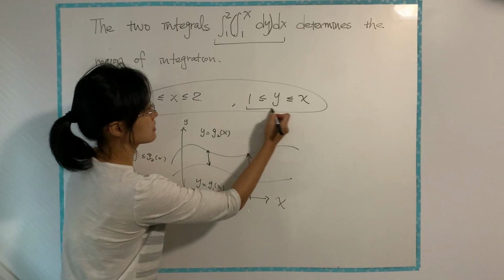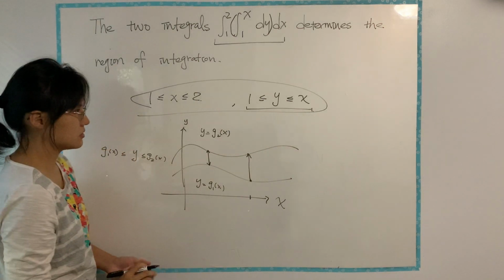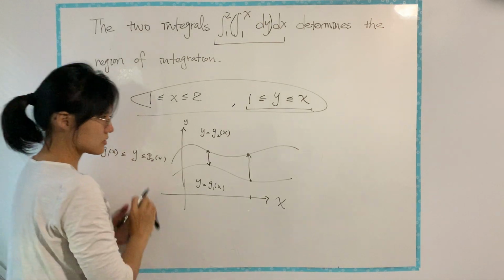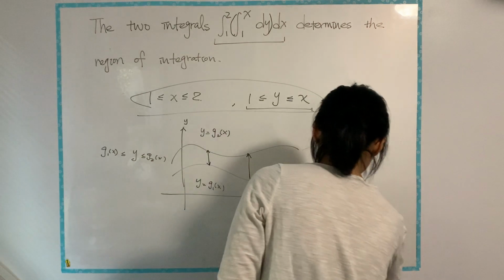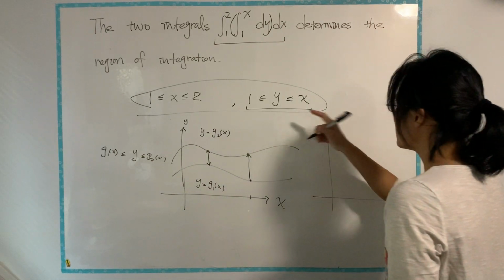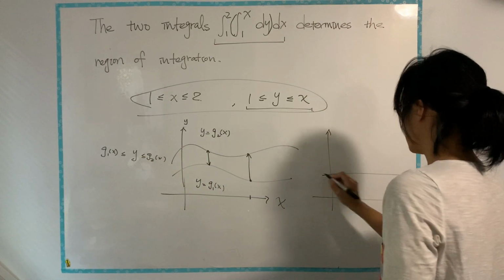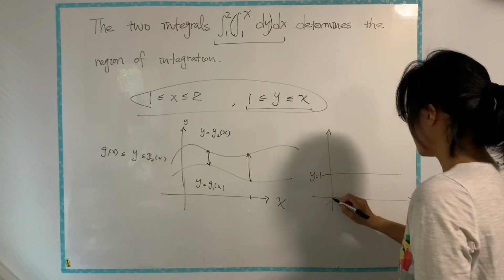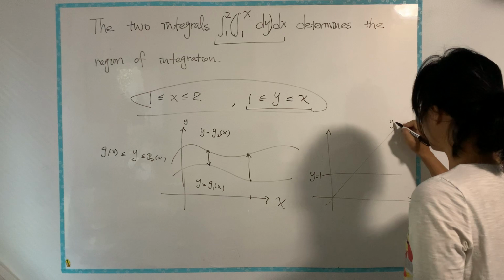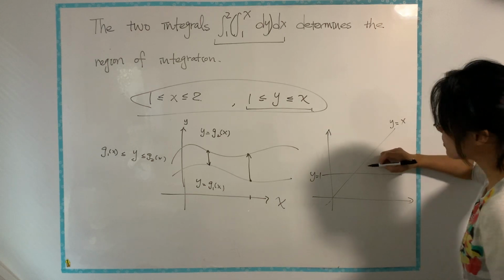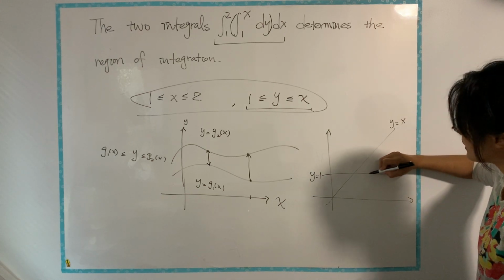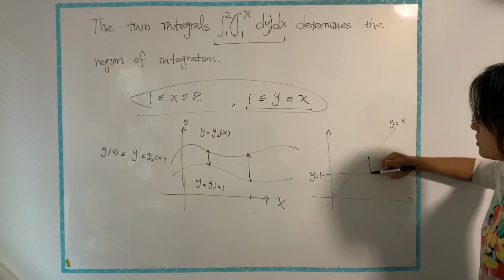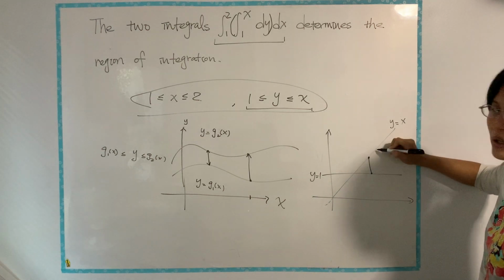Now let's look at what we have here. So we have a relatively simple case. Let me not erase this. Let me keep that. So the lower bound is y equal to 1. The upper bound is y equal to x. So I have y from 1 to the point when you hit this curve y equal to x.